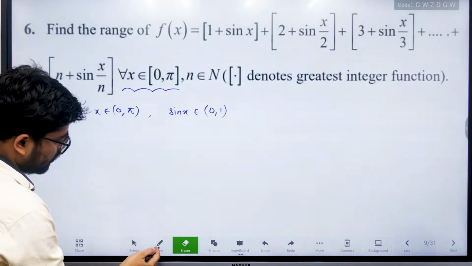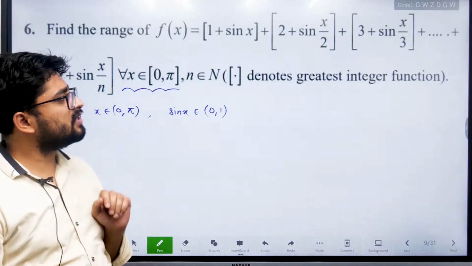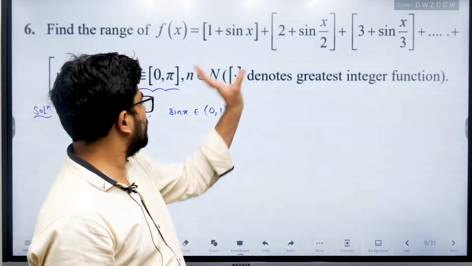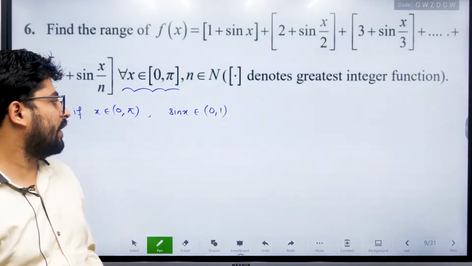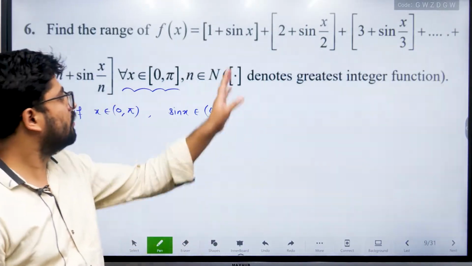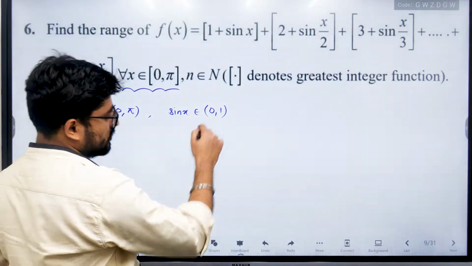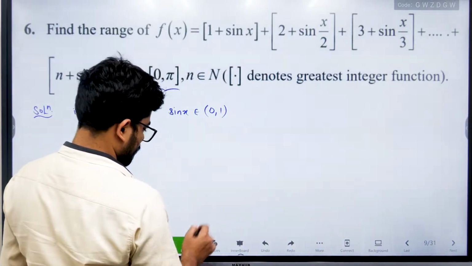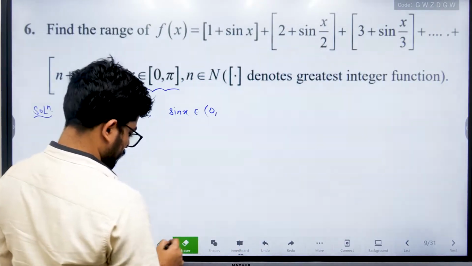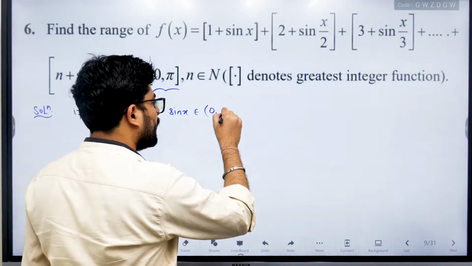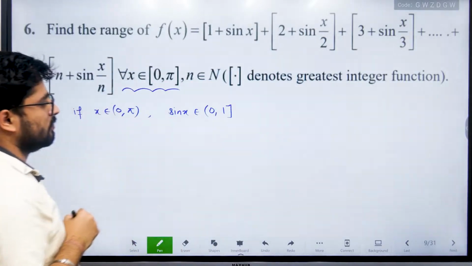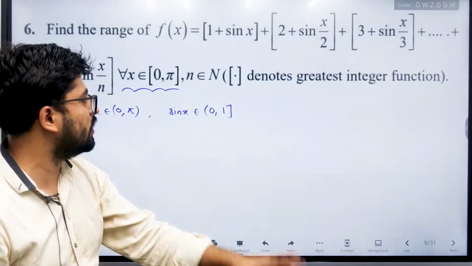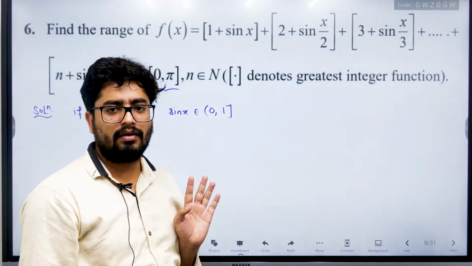So x lies between 0 and pi, so sin x belongs to (0, 1), open interval. Basically you can take a closed interval here, [0, 1], because in 0 to pi you have pi by 2, and sin pi by 2 is 1.